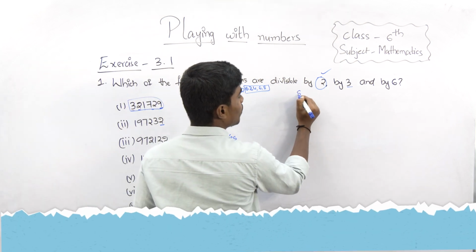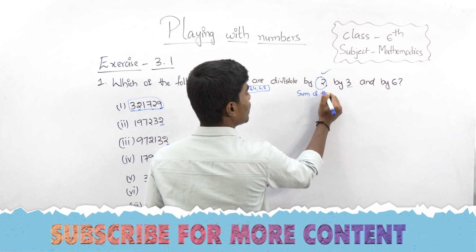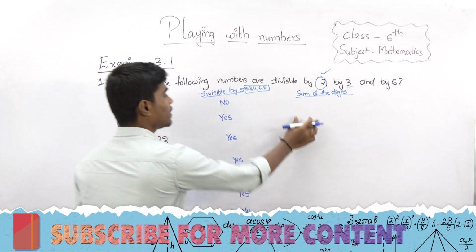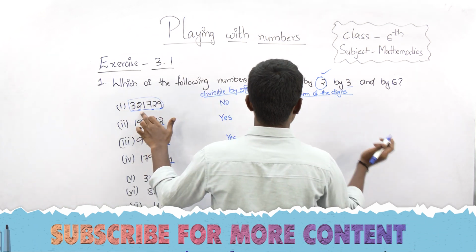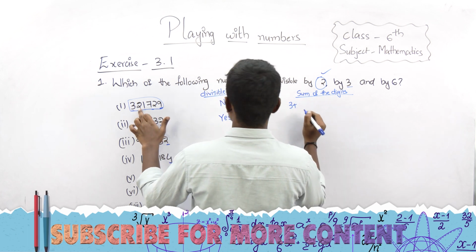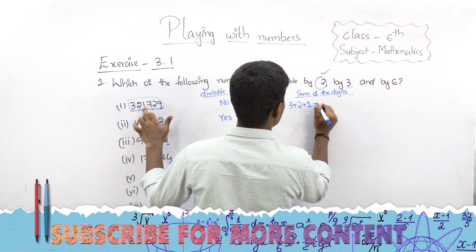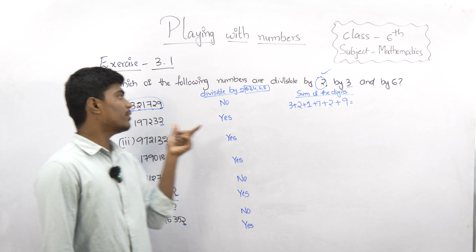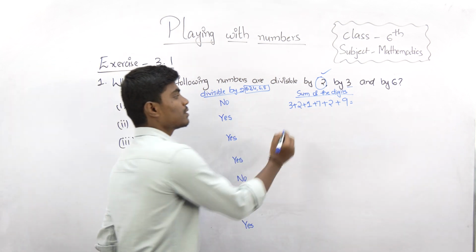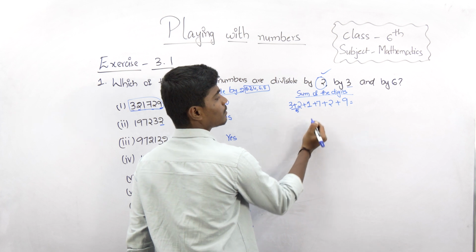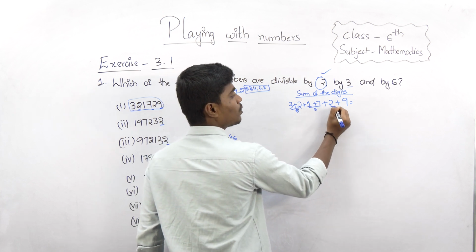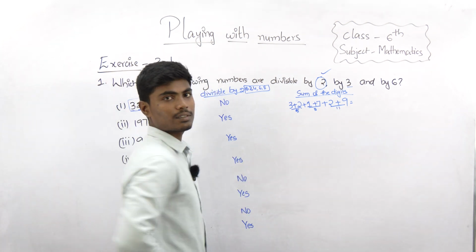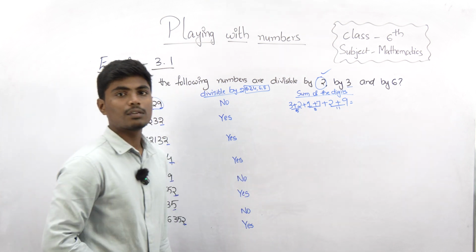In the first number, the digits are 3 plus 2 plus 1 plus 7 plus 2 plus 9. 3 plus 2 is 5. 1 plus 7 is 8. 2 plus 9 is 11. 11 plus 8 is 19. 19 plus 5 is 24.